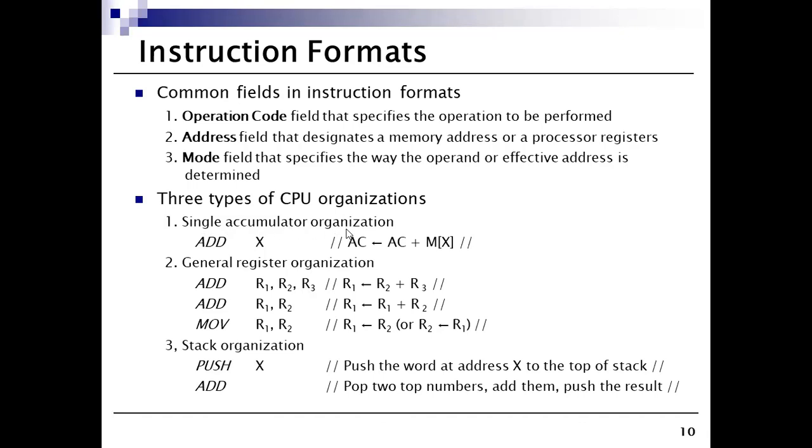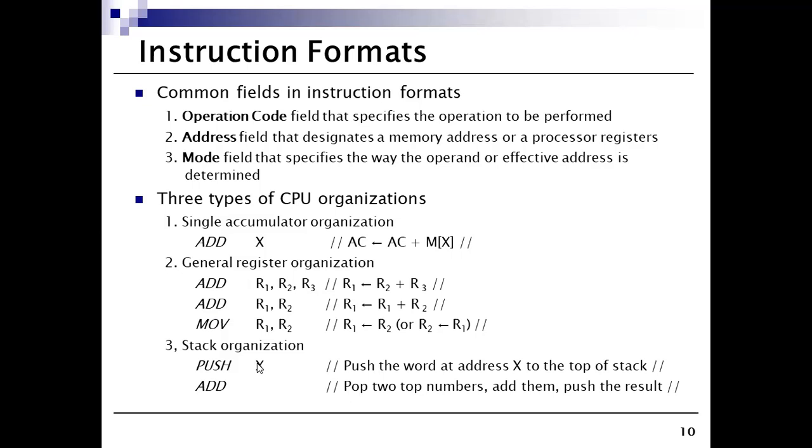In case of single accumulator register, this address field specifies only one operand, which is the memory address. Okay, in general register organization, this address field is responsible for specifying more than one register address, depending on the type of operation. Okay, so two operands for source and one operand for the destination. It can have a 3 register or 2 register organization.